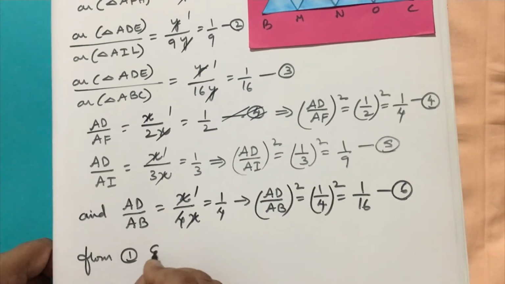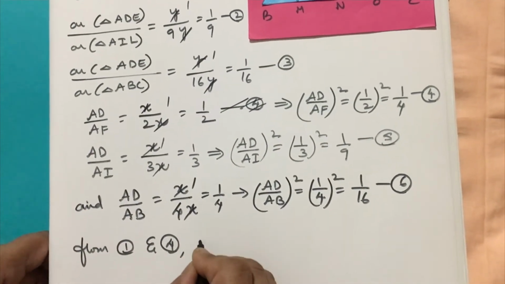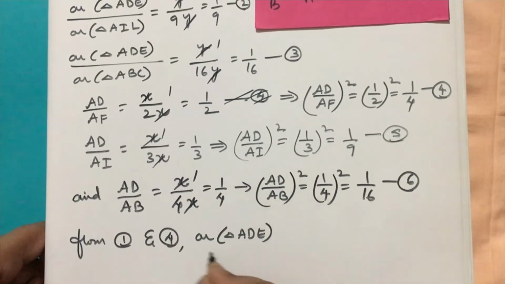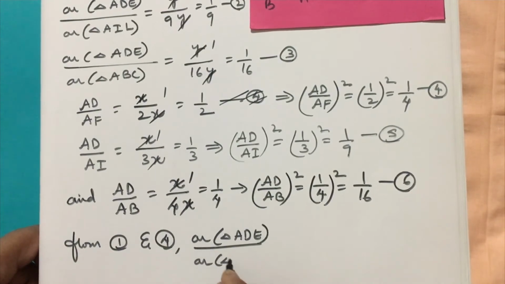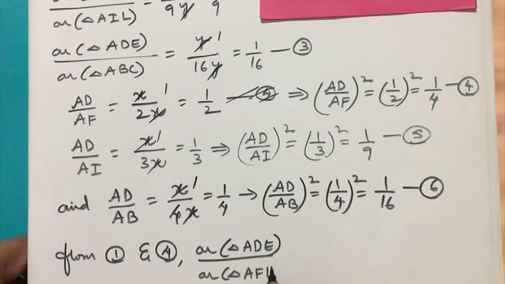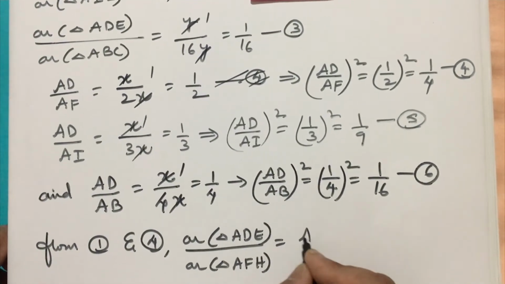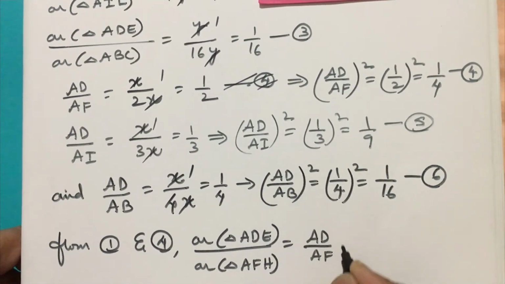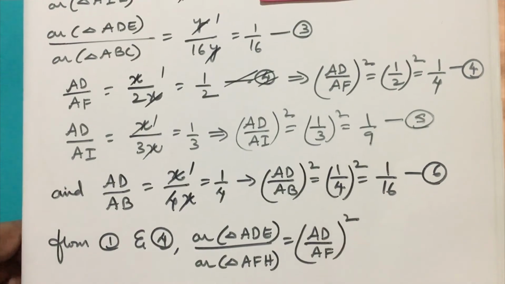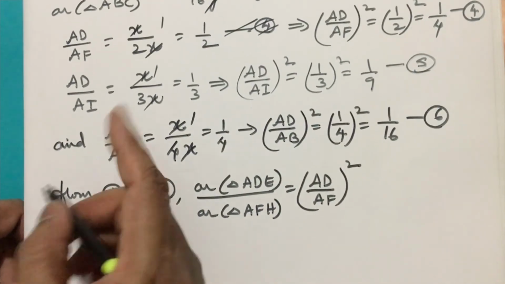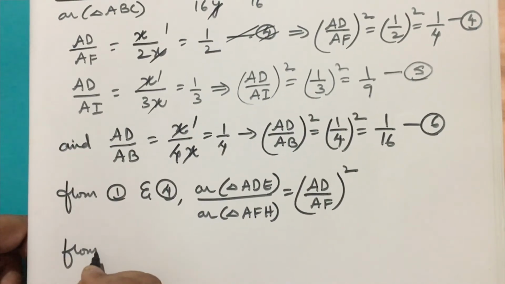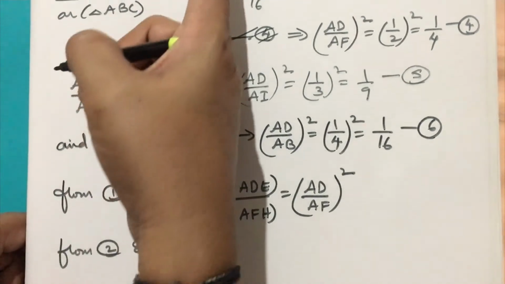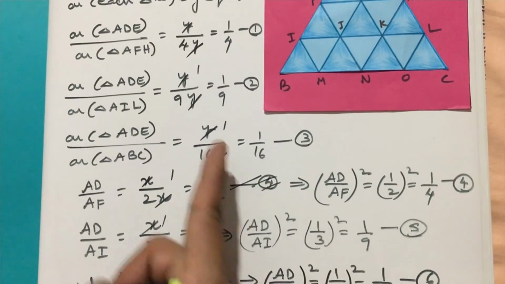From 1 and 4, I can write it as area of triangle ADE by area of triangle AFH is equal to AD by AF whole square. As well as from equations 2 and 5 we got the same ratio.